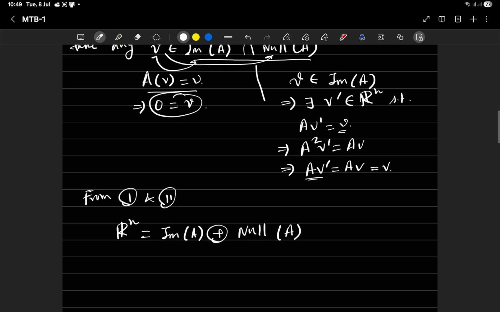Because the intersection of the image and null space is 0, they are both linearly independent spaces and their dimensions together make up the whole dimension of Rn. So any vector of Rn we can write using the basis of the image of A and the null space of A, because the total basis count is the whole basis.